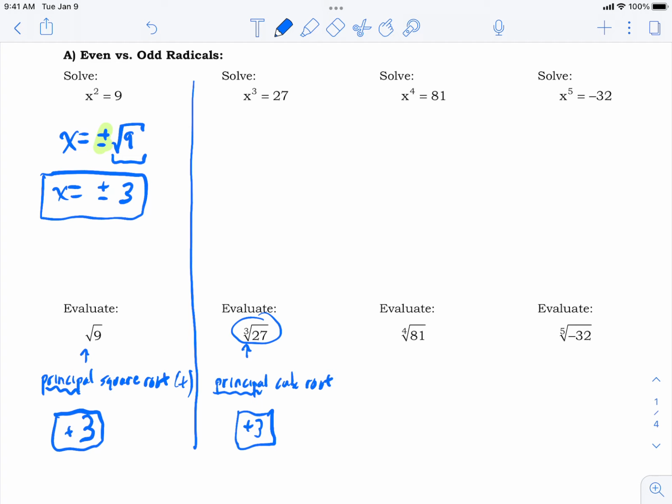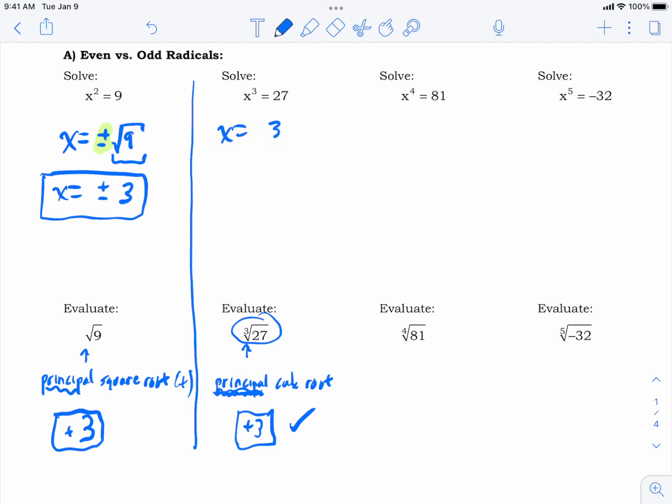Now, compare that up here. If you wanted to solve for x here, the question is, what times itself 3 times gives me 27? And we know that one of our answers is 3. But that's only the principal cube root. There are 2 other answers.